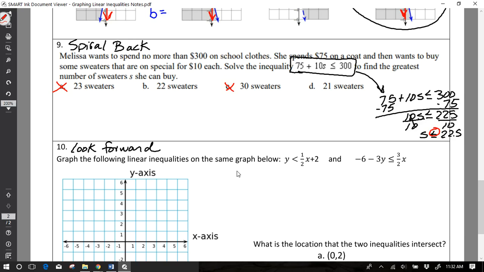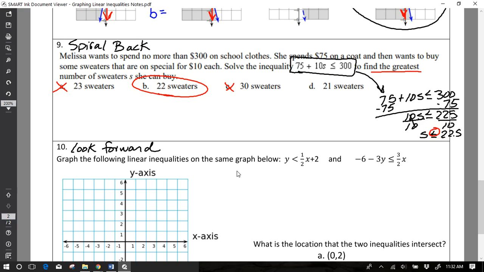I have two numbers that are less than 22.5. But the actual question says find the greatest number of sweaters that she can buy. So the greatest is going to be B, 21, because 22 is greater than 21. Okay. So that is our answer for number 9, and that was our spiral back.